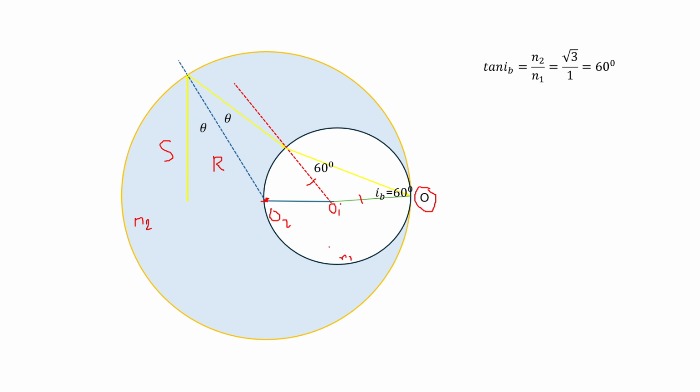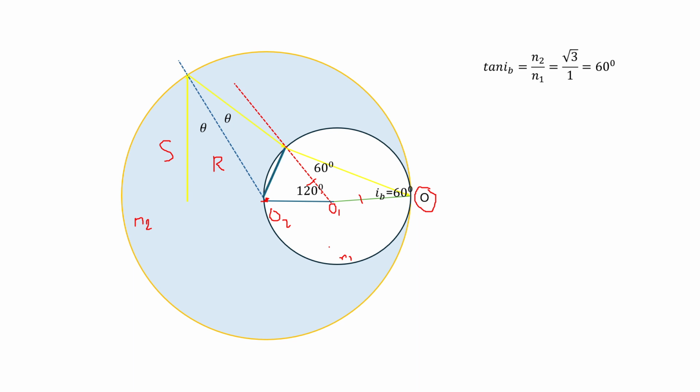So of course this line again will pass through the center of the larger circle, that is O2. So O1 O2 will be a straight line. So since O1 O2 is a straight line, this angle will be 60 and this is 60, so this will be 120. So this angle is 120.